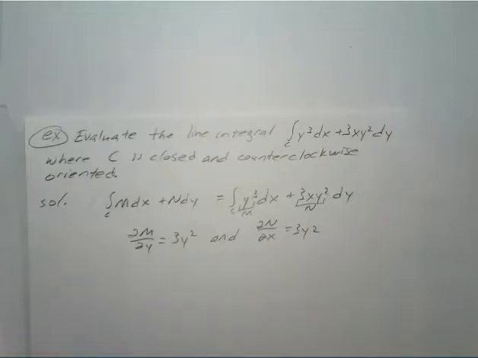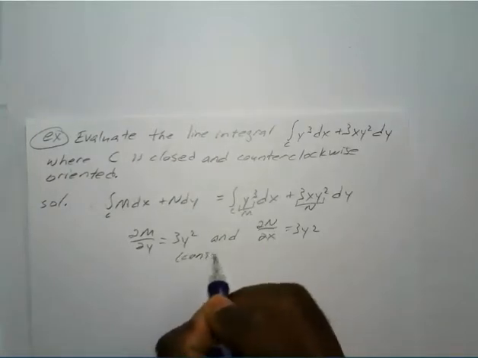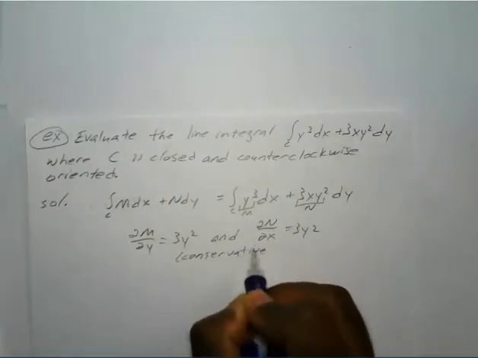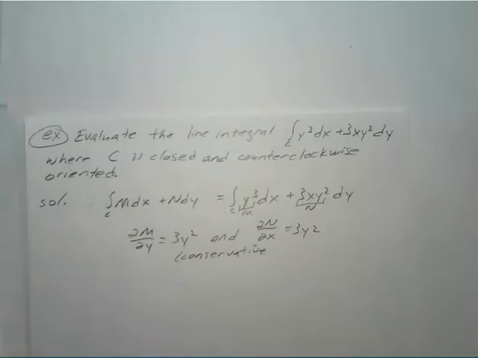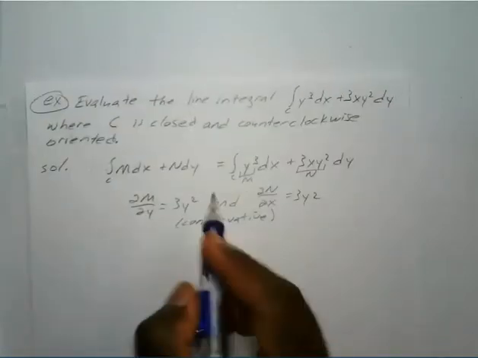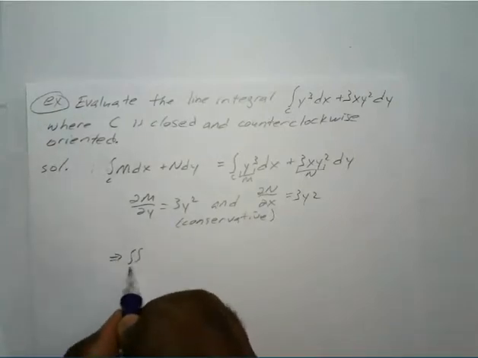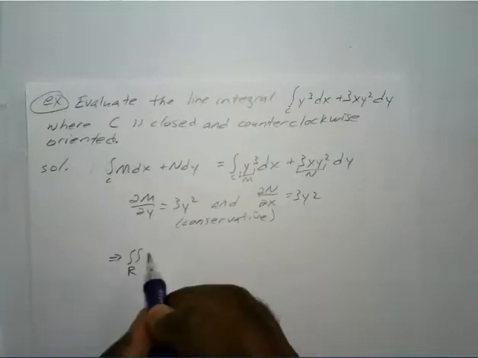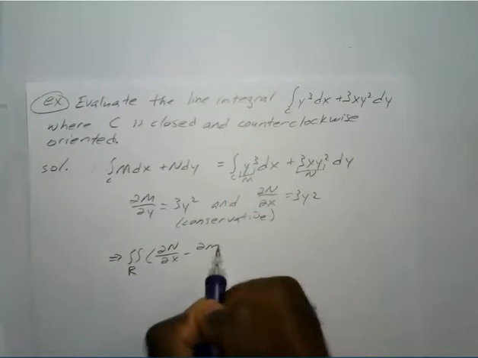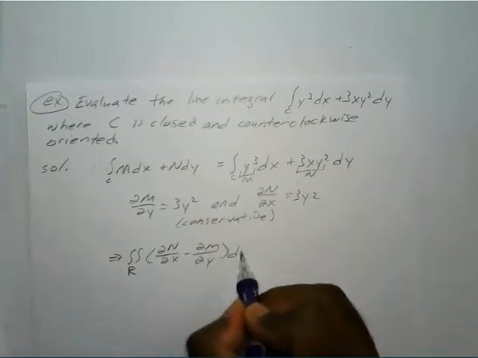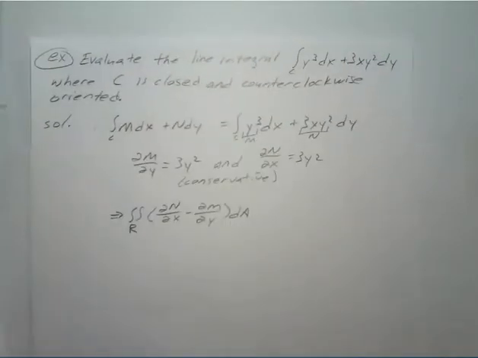Okay, well, what does this tell you? Well, it tells you that this is conservative. Okay, now what does it tell you when it's conservative? Well, you plug in your m and n, you have your double integral over the region of partial n with respect to x minus partial of m with respect to y, with respect to the area of the region.